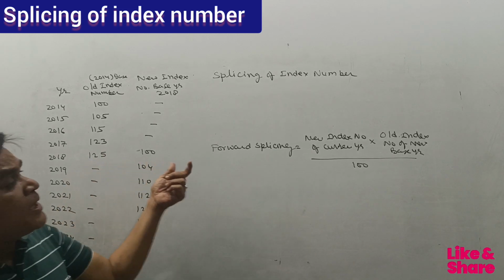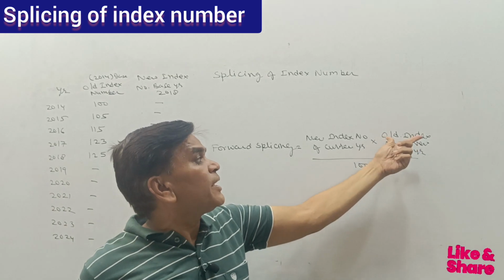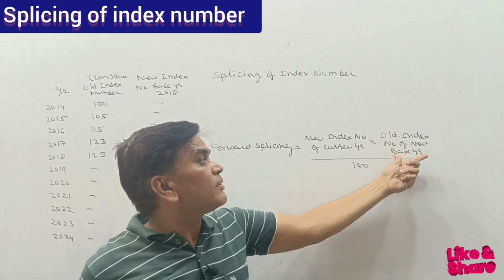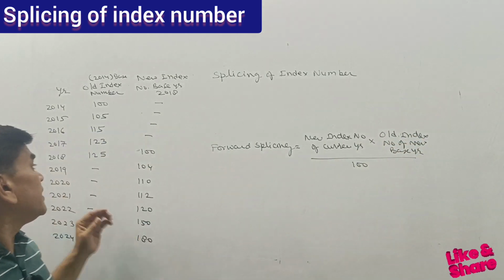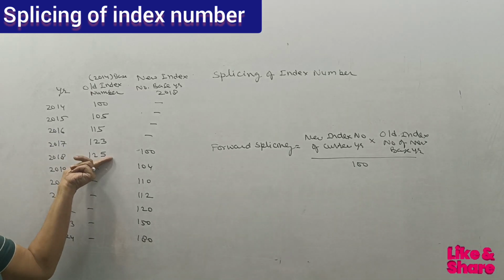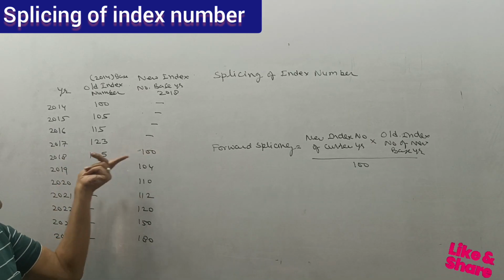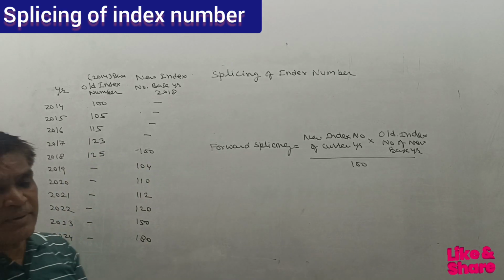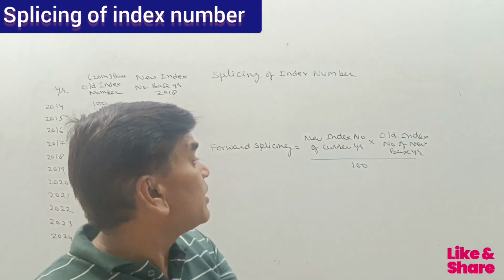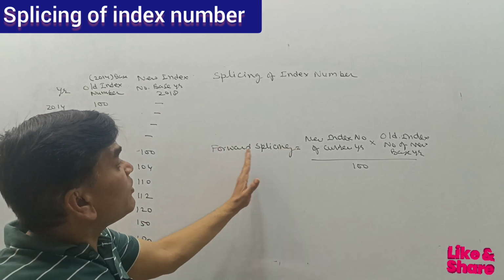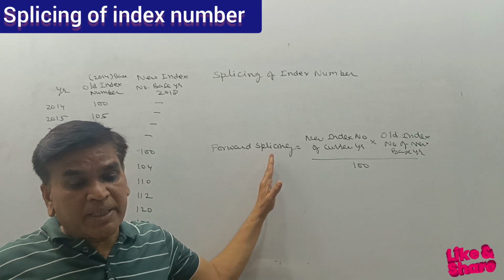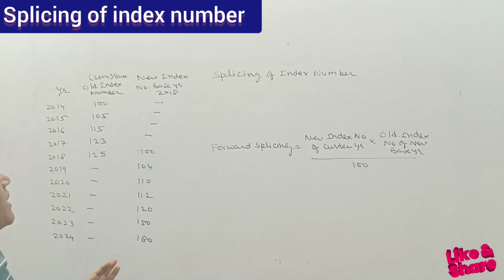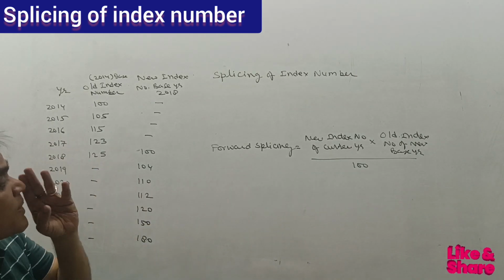It means in each and every case we have to use the old index number of the new base year. Here the old index number for the new base year is 125. Firstly we should learn how to do forward splicing, then we will learn backward splicing.